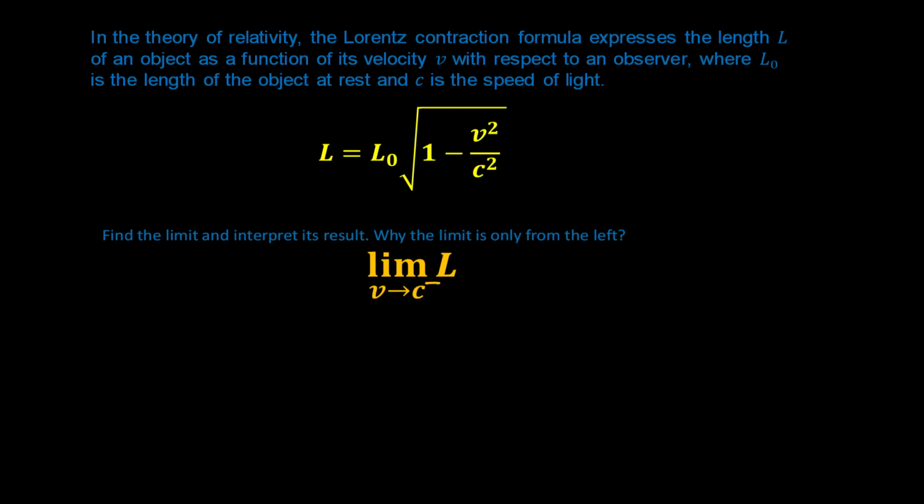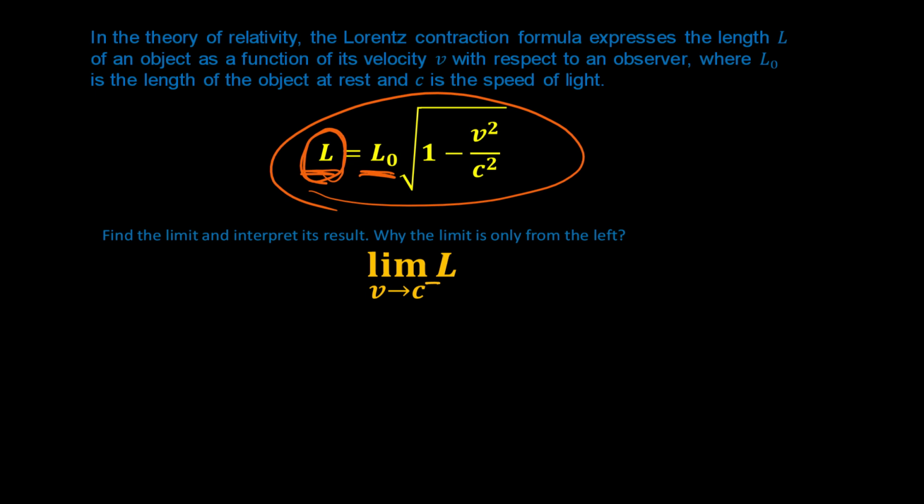So when we have an object moving at velocity v, L0 is the initial length of the object, and L is the length of the object when it is moving with velocity v. As you can see by this formula, the length of the object changes when it has a velocity v.